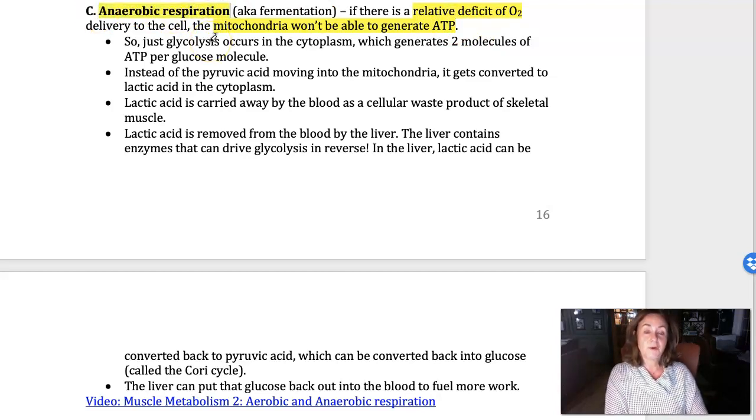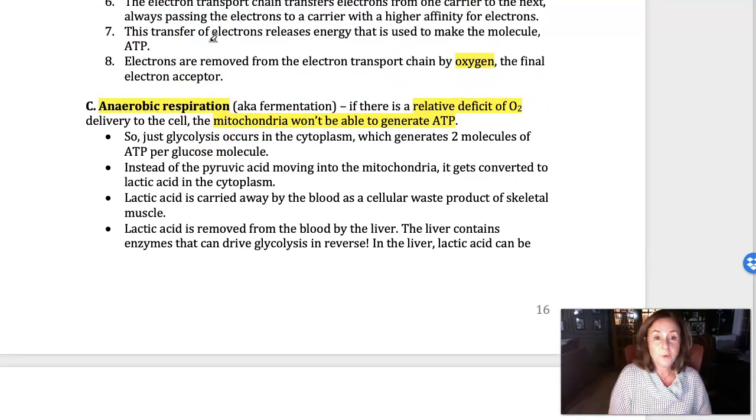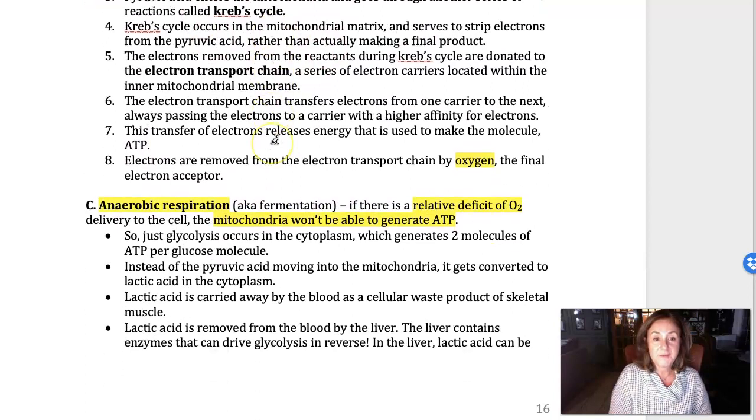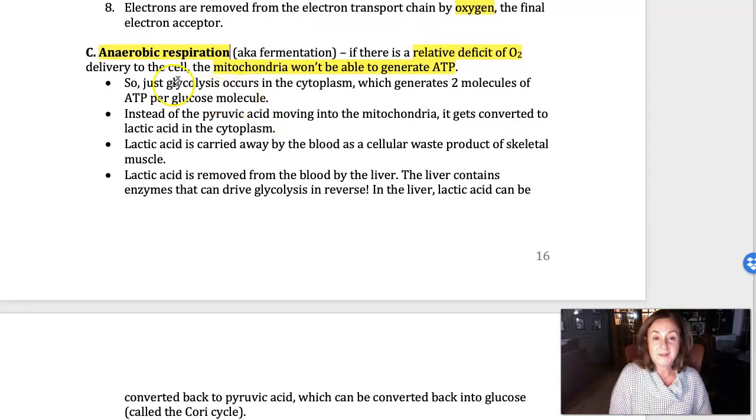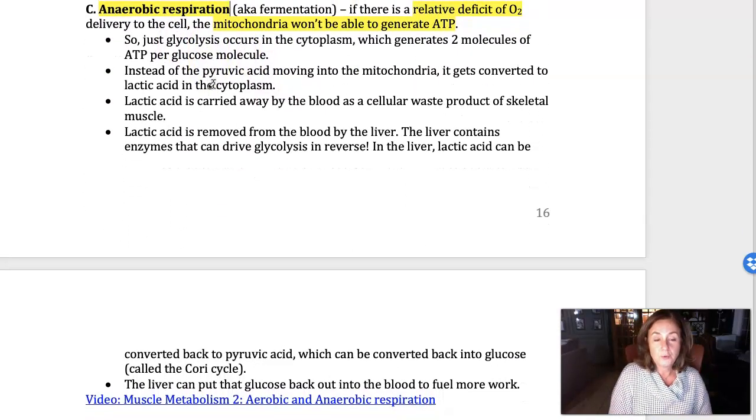And anaerobic respiration, believe it or not, is just the initial version of what we already talked about. So I talk about this in the video. Basically, what we do to move glucose into the mitochondria is a process called glycolysis. It occurs in the cytoplasm, generates a little bit of ATP, 2 molecules of ATP per glucose. That's what we use. And then we generate pyruvic acid.